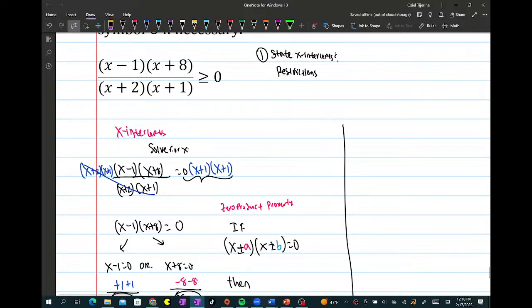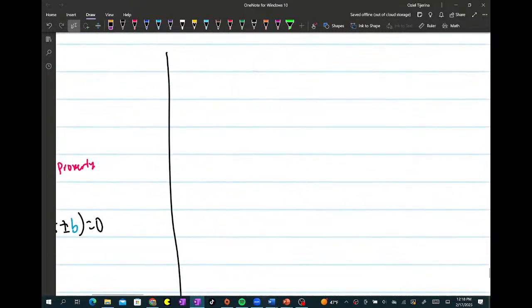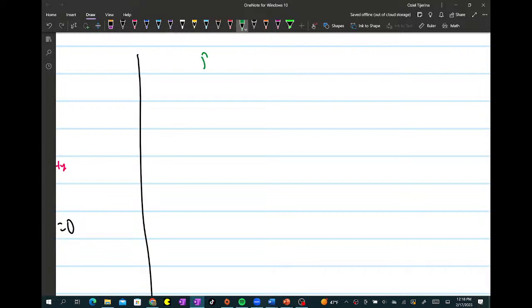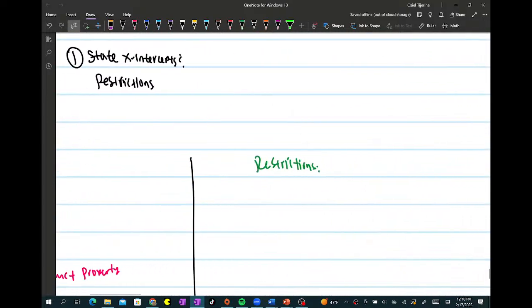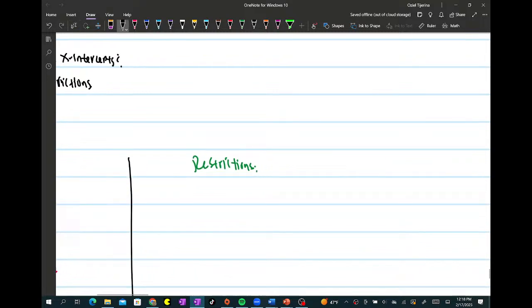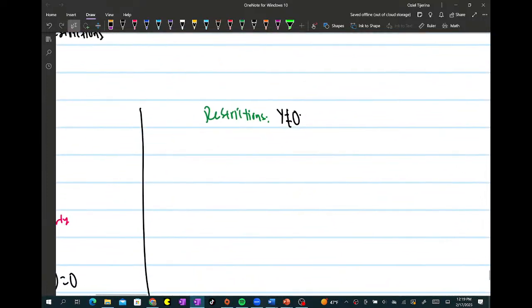Now the restrictions are where x cannot be equal to 0. So we have x minus 1. So where y cannot be equal to 0, or x, not x cannot be equal to 0, but when you set the expression not equal to 0, right?